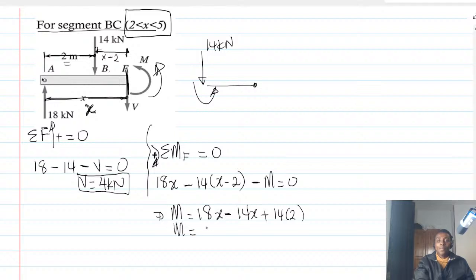So basically M is what? 4x plus 28. So this one too, write it somewhere. So for all the sections that we are going to take, we'll look at the shear force and we'll look at the bending moment. It's very important. All right.